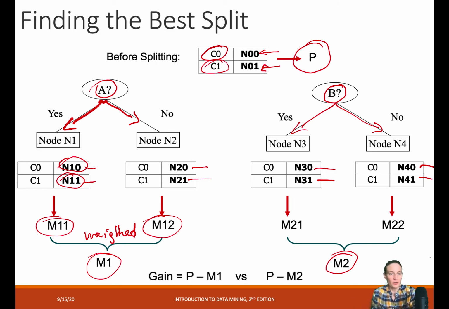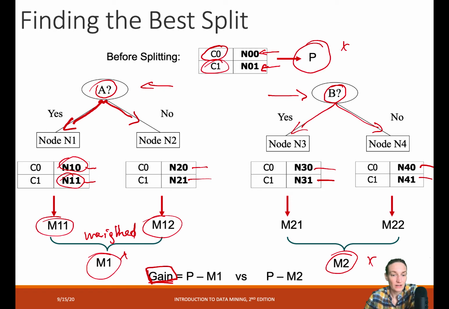From all this, we can actually get the gain, and now we need to decide if we split based on A or split based on B. And in fact, we do this by calculating the gain. The gain will be P minus either M1 or P minus M2.